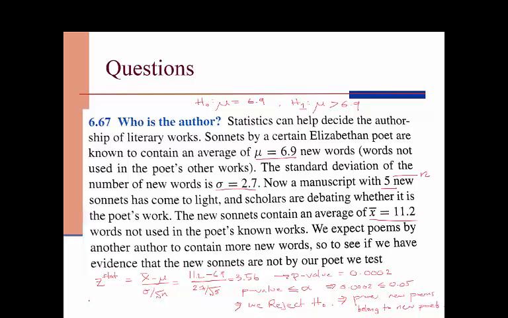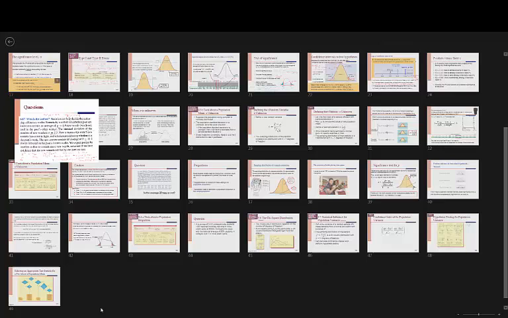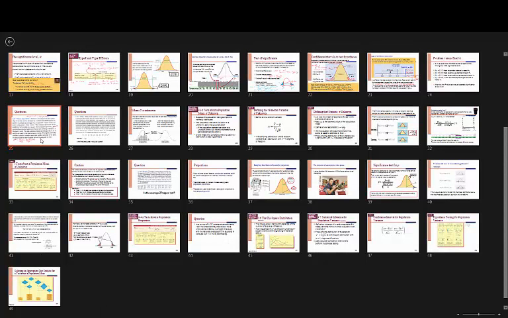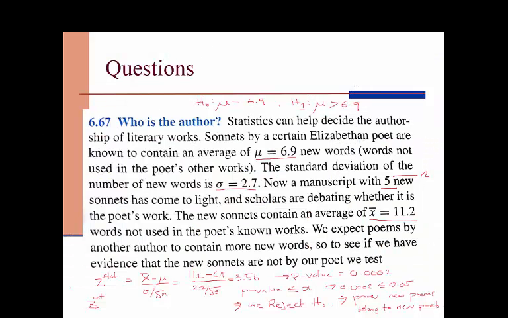So if you were to write down Z critical, well, at 95% confidence, it's a one-sided test, so you won't divide alpha by 2, you just have alpha on one side.